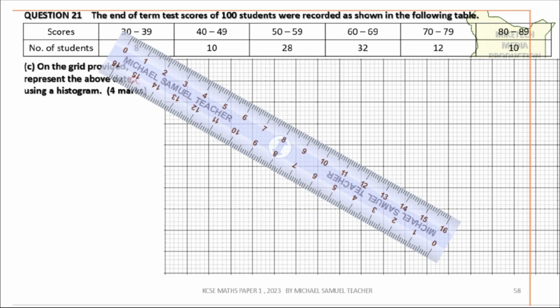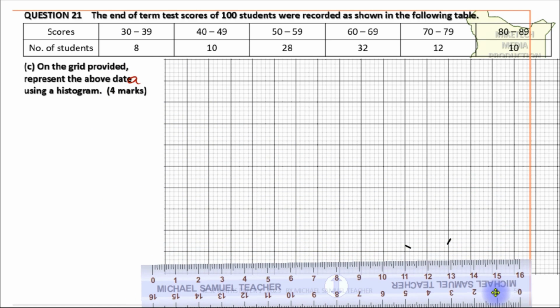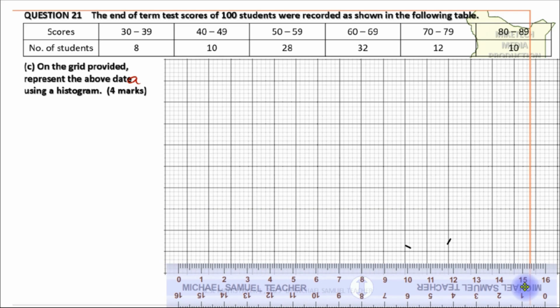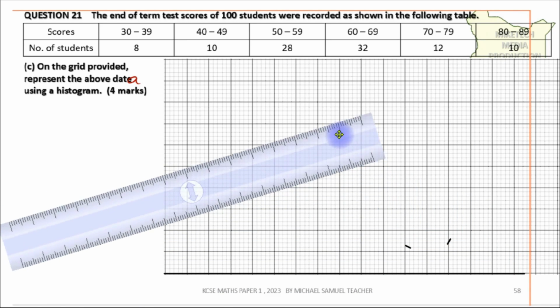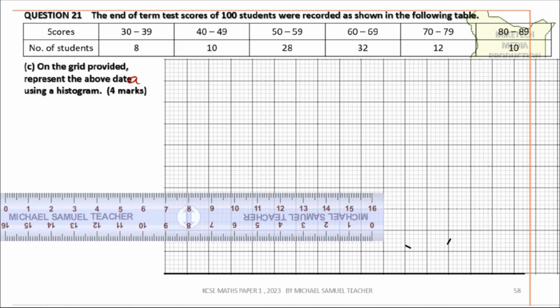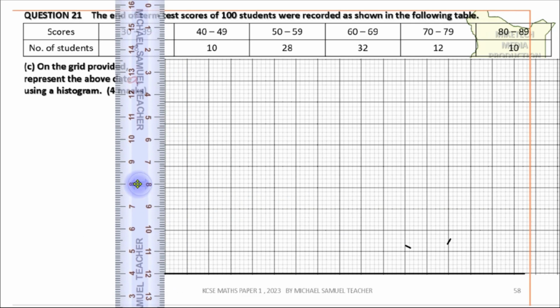So just take the ruler and then we draw, also draw the y-axis.